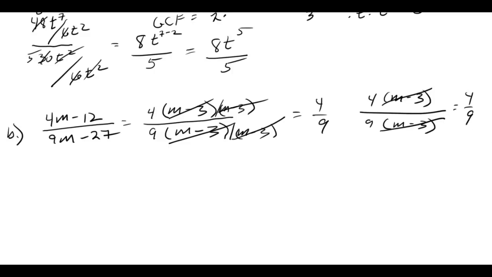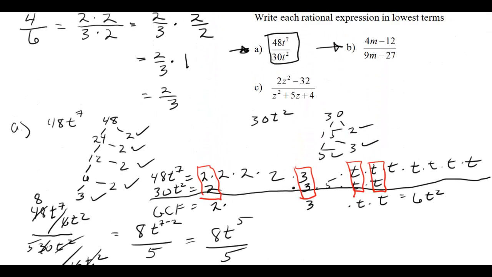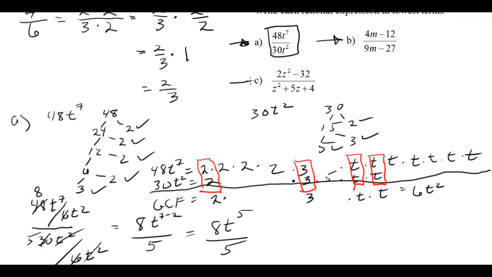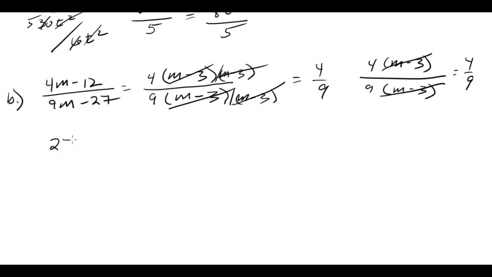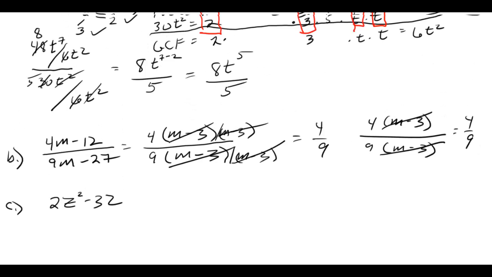All right, let's do the last one. The last one is this guy. 2z squared minus 32. This is C. And what's our divisor?